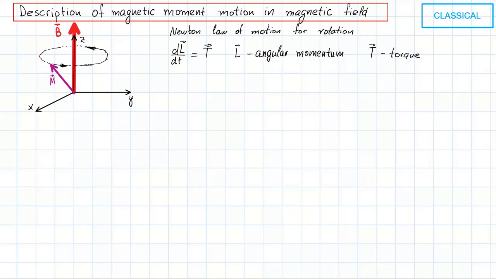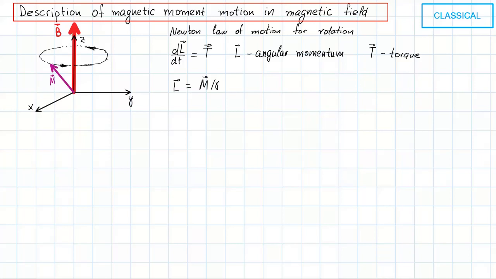Commonly, angular momentum of a body and the magnetic moment of the body are proportional. Hence, we can say that L is equal to m divided by some constant gamma, which is called gyromagnetic ratio.